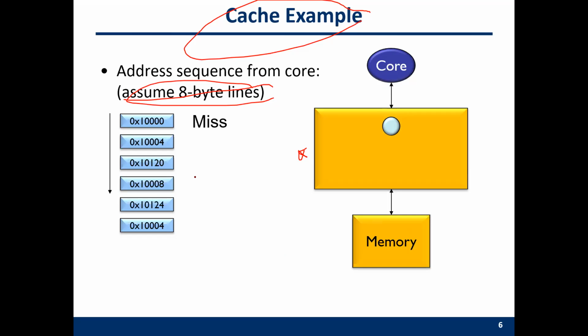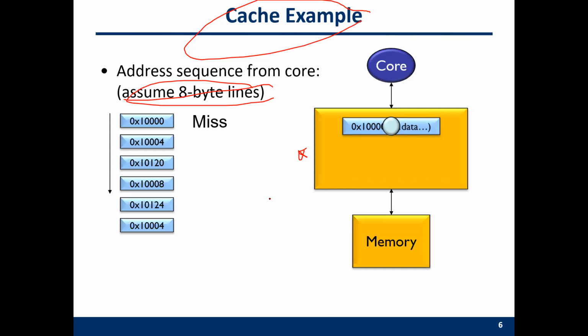At the beginning, we try to access the cache, but the cache itself is empty. It has no data. So the first one is always a miss. This miss is called a cold miss. So we need to fetch this piece of data from the main memory back to the cache.